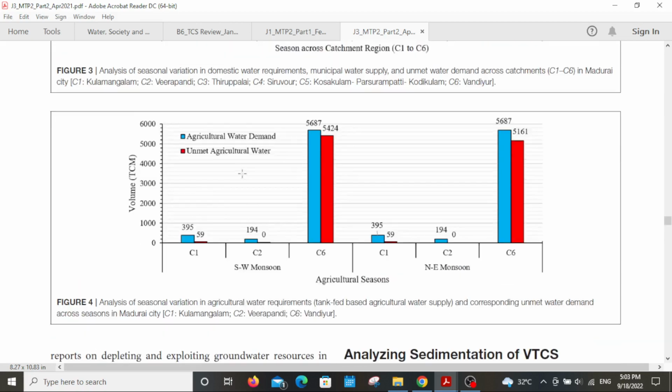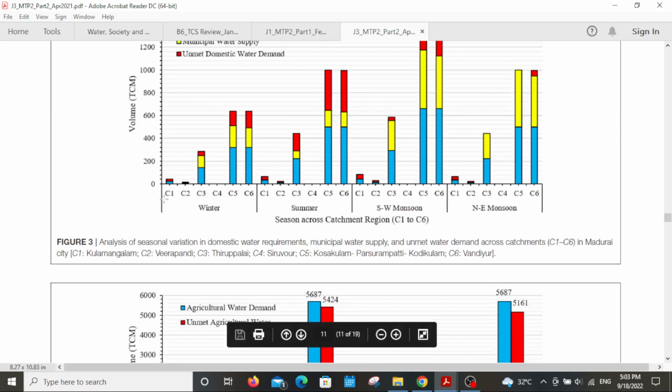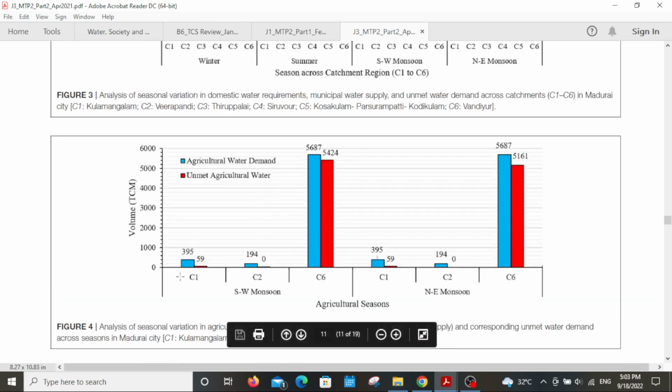Similarly, for agriculture, we have identified that the actual water demand is very high in catchment 6. And one interesting fact is that the agricultural practice is not occurring in each season. For example, we have C1 to C6, 6 catchments in there, but we found that agricultural activity remained dominant in catchment 1, catchment 2, which is representing rural landscape, and catchment 6, which is the vibrant urban catchment of Madurai.